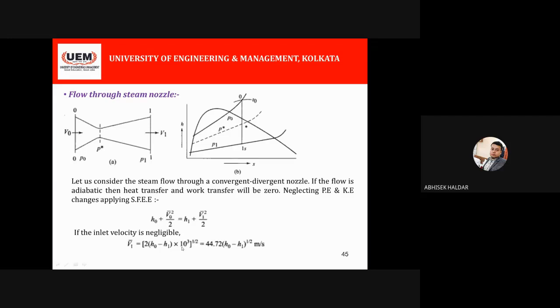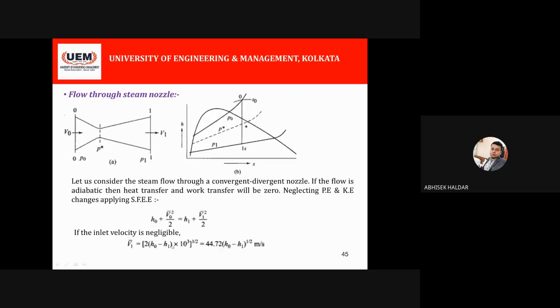Here we are simplifying H0 minus H1. H0 is obviously higher, H1 is lesser. So (H0 minus H1) into 10 to the power 3, where h is taken either from the steam table or from your Mollier chart. These units will be in kilojoules per kg. If you want to calculate this velocity in meters per second, you have to convert kilojoules to joules. That's why 10 to the power 3 is multiplied here.